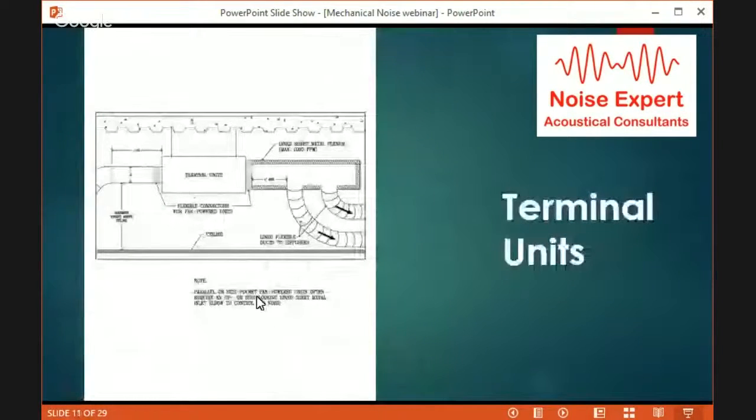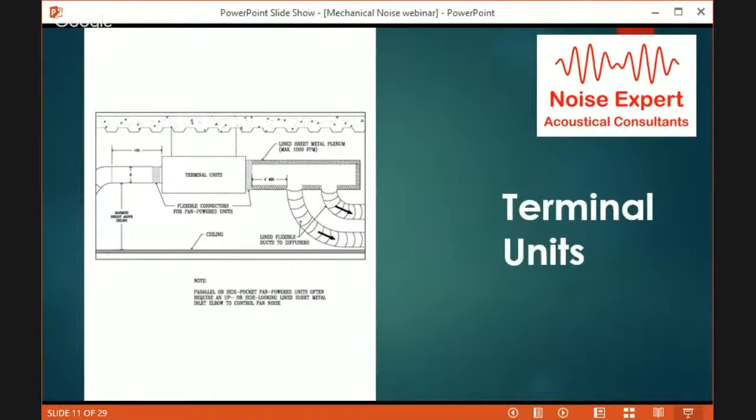Terminal units, this is a big issue. Terminal units being the VAV box, whether they're non-fan powered or they are fan powered. We'd recommend, because we don't have a slide on that, that it shouldn't be over noise sensitive spaces.